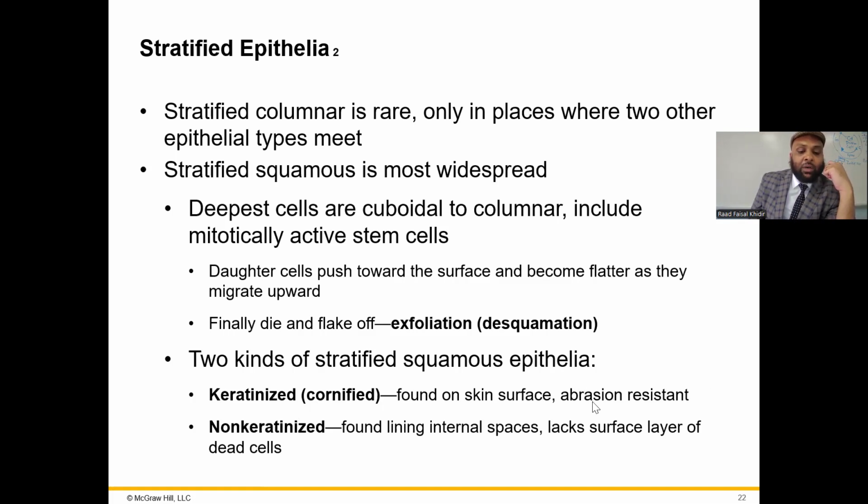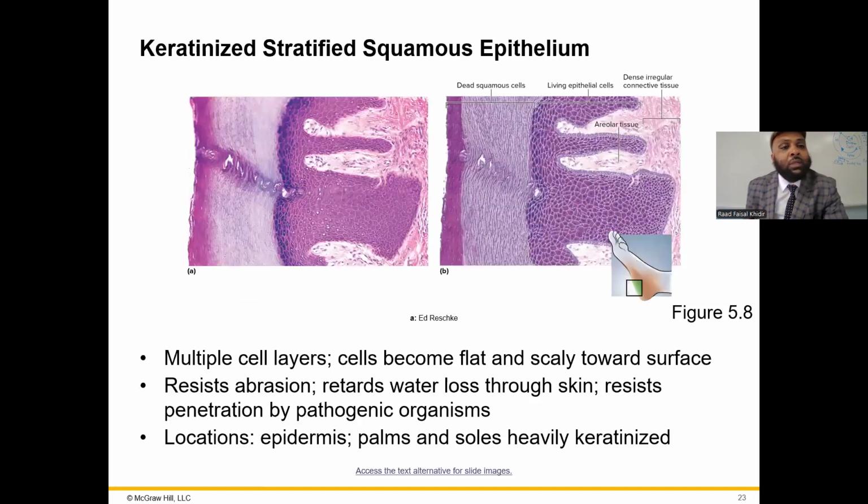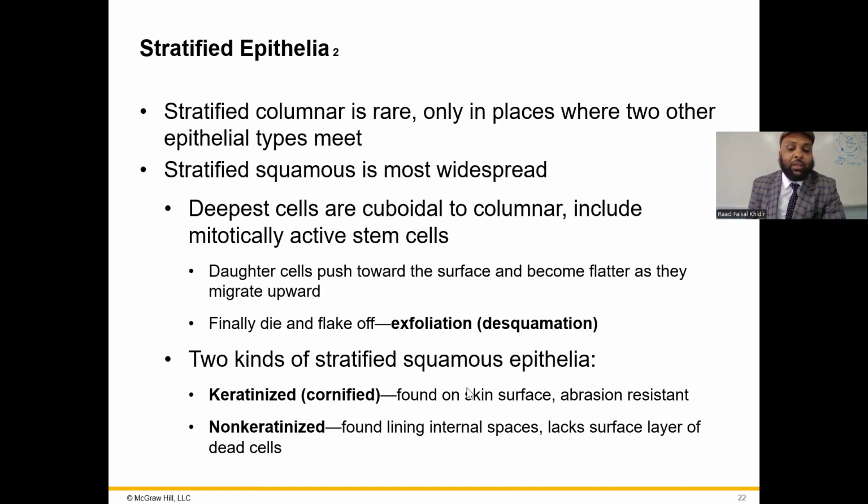These are found lining the internal spaces, and they lack the surface layer of dead cells.